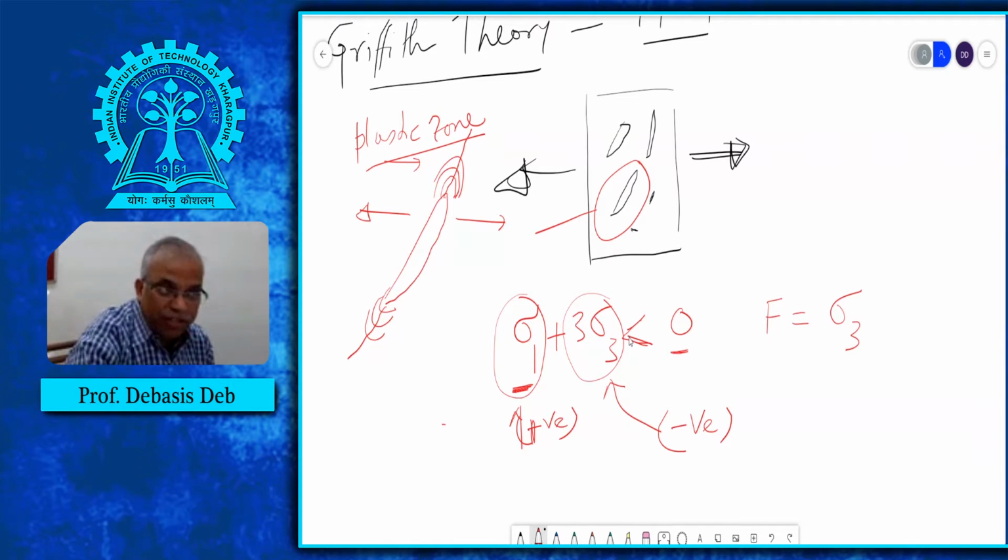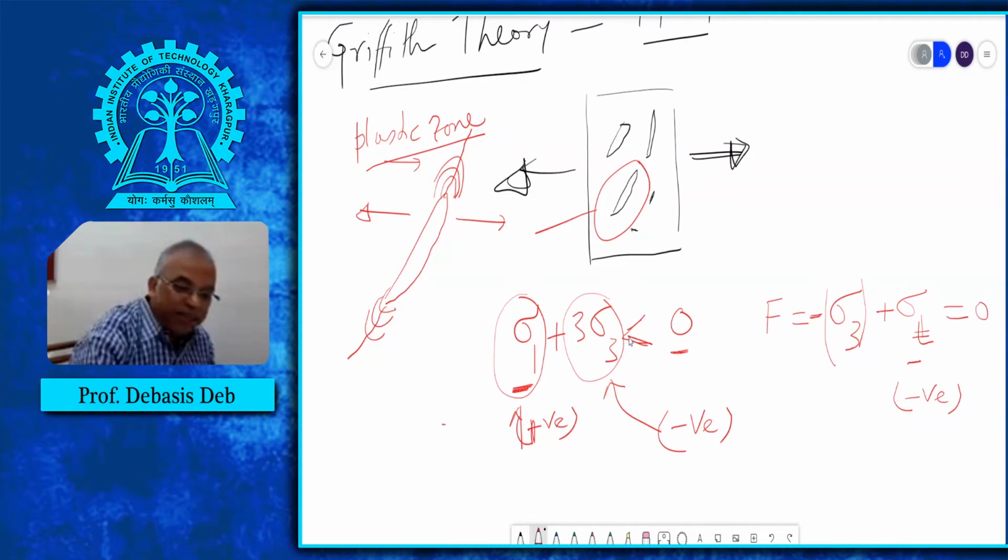Remember that this will be now negative, so I put a negative sign to make it positive. Sigma t we normally consider negative.